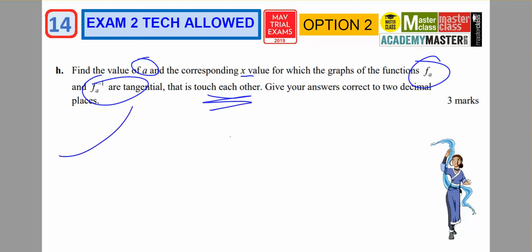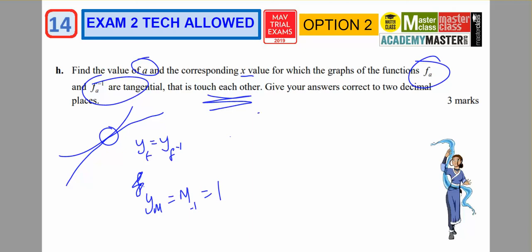So if I've got an exponential and a logarithm and I want them to touch, then their y values have to be equal and their gradients have to be equal and equal 1.